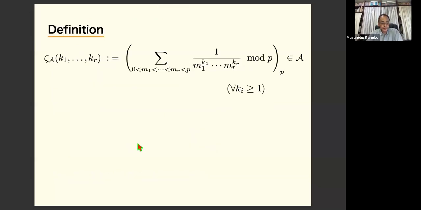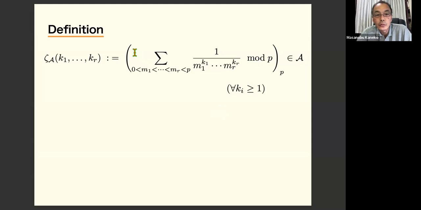So we define a finite MZV. Let's assume all k_i are positive integers, allowing k_r to be 1. So zeta_A of (k_1, ..., k_r) is a collection of these finite truncations at each p, and we consider this collection in the direct product and its equivalence class.